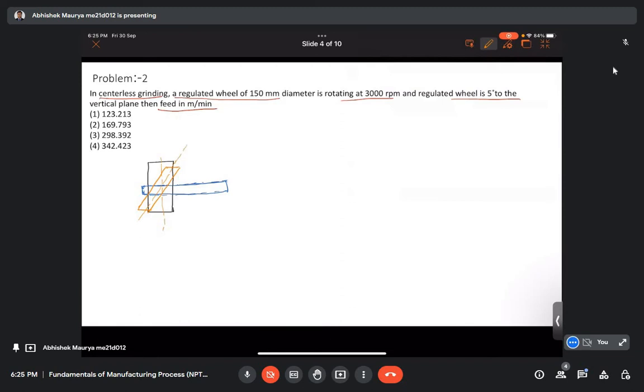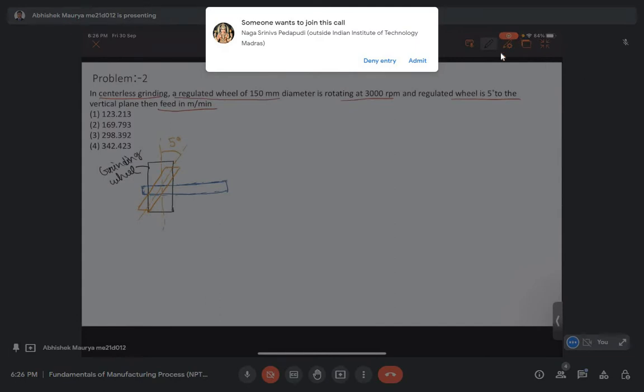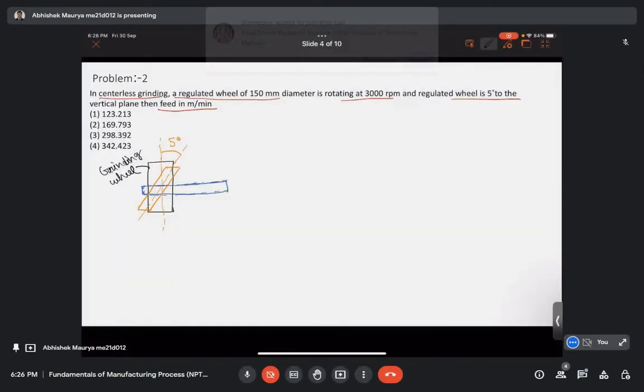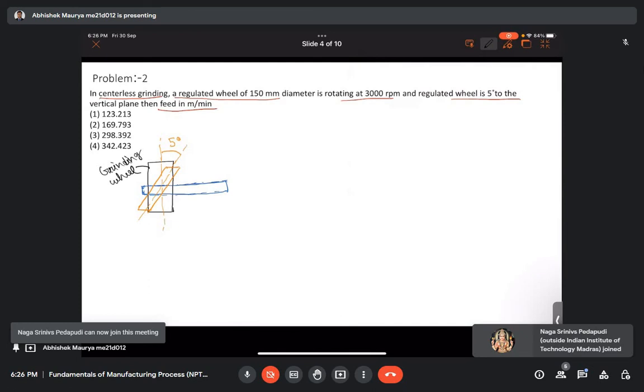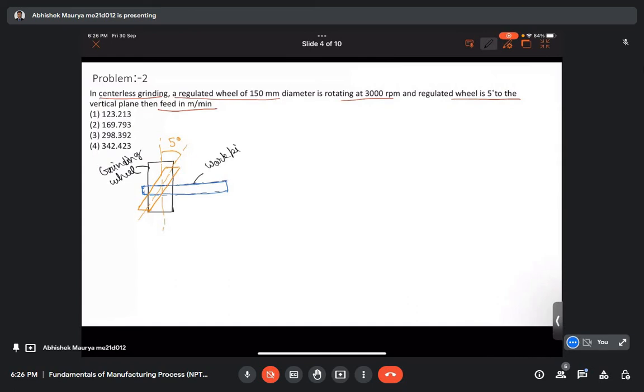So this angle is 5 degrees. We have the grinding wheel that is black in color, this is the workpiece, and this one is the regulating wheel.